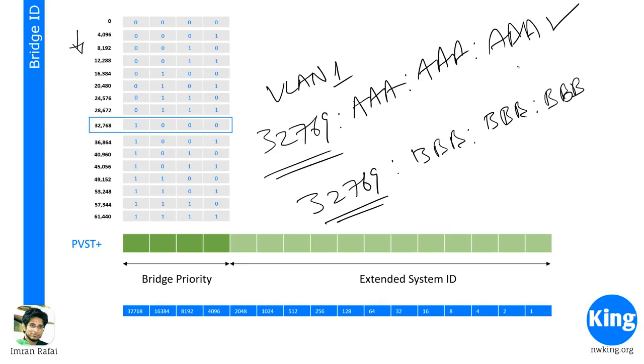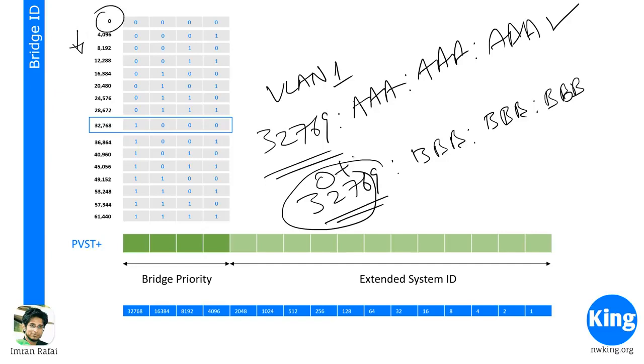If you want to watch this video again, just watch it, but you need to understand how the bridge ID works, right? If you want this device to win, even though this MAC address is higher, we cannot change the MAC address part, but we definitely can change this part. So you can go into the switch and change it to any of these numbers. So if you want this device to have more priority, you could give the bridge priority part to be 0.